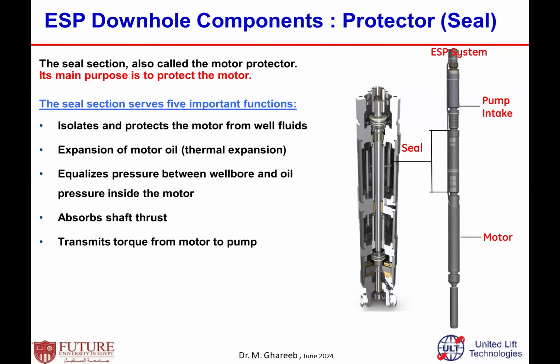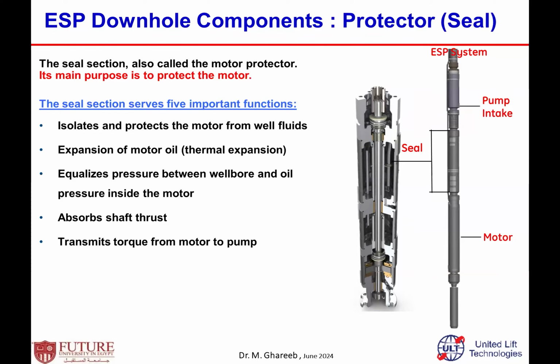Meanwhile, it also equalizes the pressure between the well fluid and the oil inside the motor, because due to different temperatures the pressure can be high or low. It also absorbs shaft thrust, so if there is some vibration in the pump, it is absorbed before it reaches the motor.